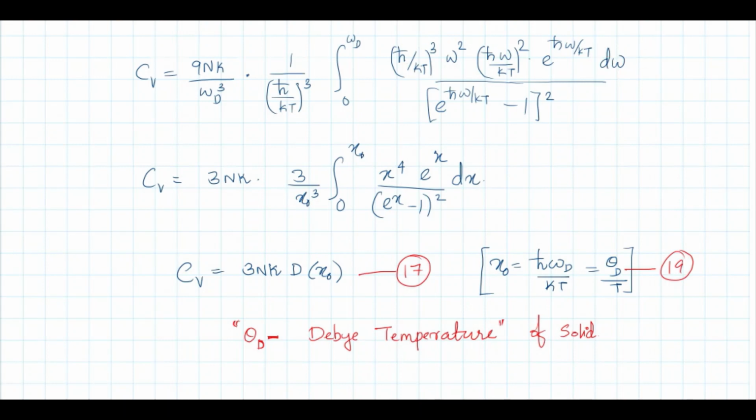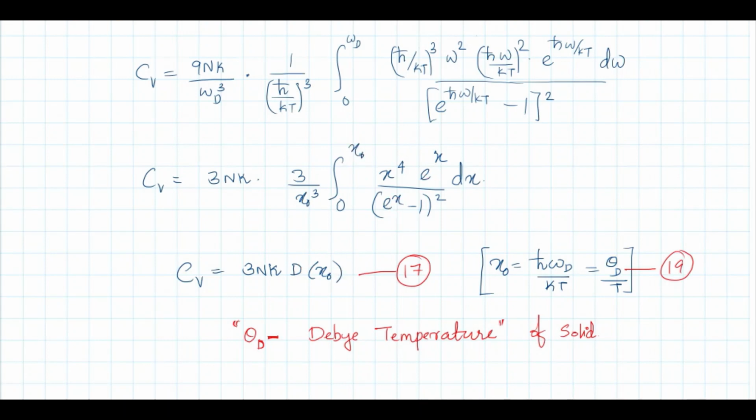So one of the h cut by kT will cancel, and this becomes (h cut omega by kT) the whole square. Those will make it x raised to 4 e raised to x dx by (e raised to x minus 1) the whole square. So this quantity you can call D of x naught, the Debye function.